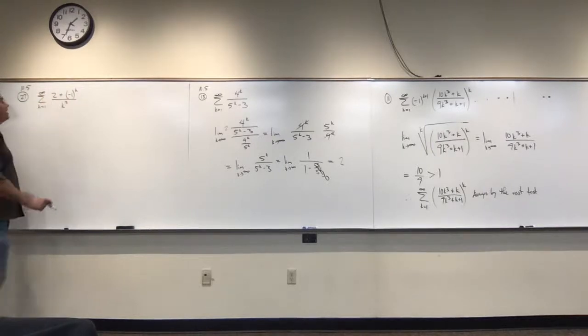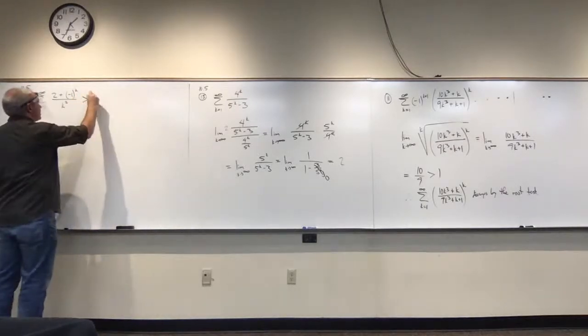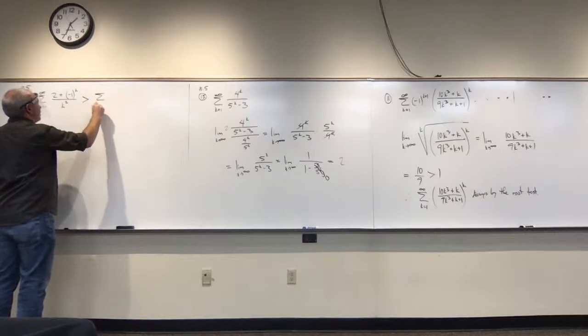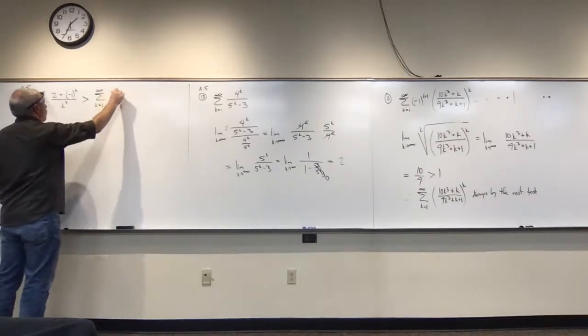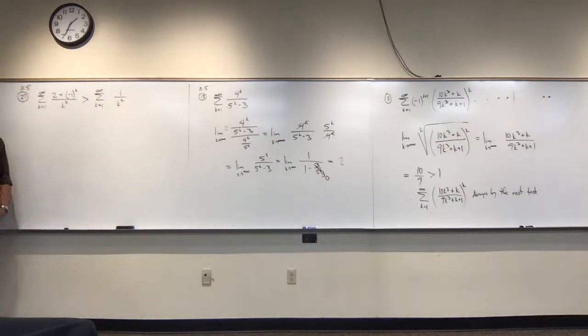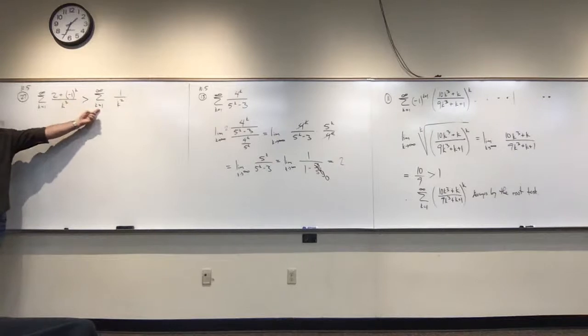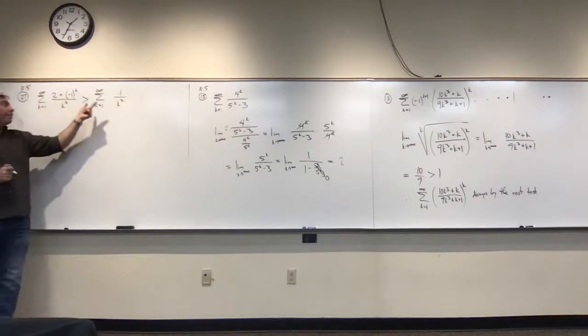So what I could say is that this is a bigger series than the sum k going from 1 to infinity of 1 over k squared. Does everybody buy this? If all of these were -1s, that's what I would get. But some of them are +1s, so I get 3s on top. So this series is strictly bigger than this series.